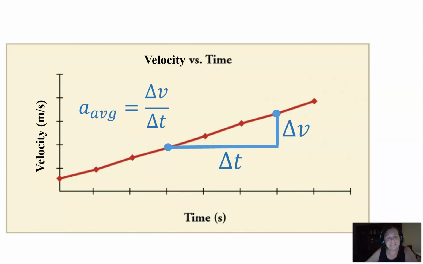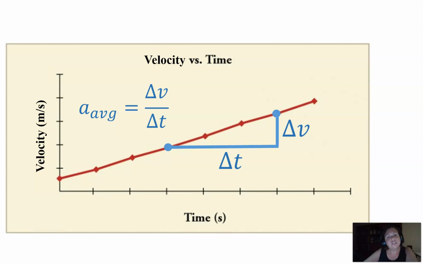On our velocity versus time graph, so notice this is velocity, not position anymore, slope works the same way. In this example, velocity is steadily increasing. We calculate the slope using rise over run, so change in y over change in x. In this case, our vertical axis has velocity and x is still the time.